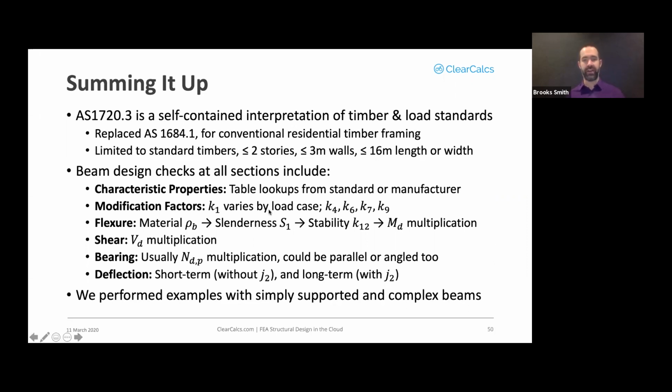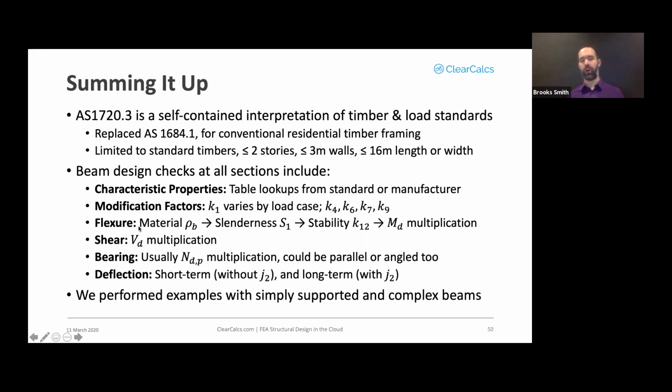The beam design checks that you need to do to check your beam are for characteristic properties. First, look those up from the tables, either in the standard or from your manufacturer for LVLs. Then you calculate out your modification factors, your K1, which varies by load case, and then your K4, K6, K7, and K9 values.